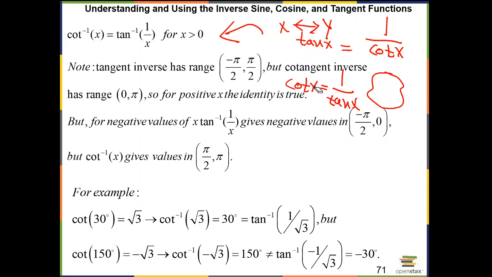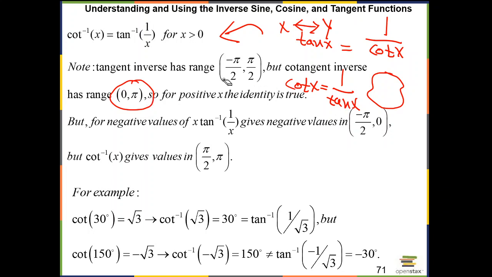But since we choose two different restricted domains for tangent and cotangent, then we have a problem. And I'm going to explain it right here, right? It says, note, tangent inverse has this range, but cotangent inverse has this range, which are the restricted domains for tangent and cotangent.